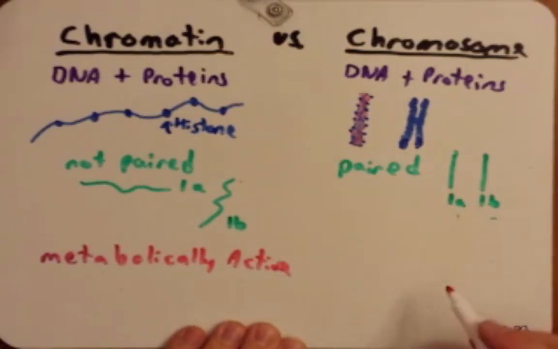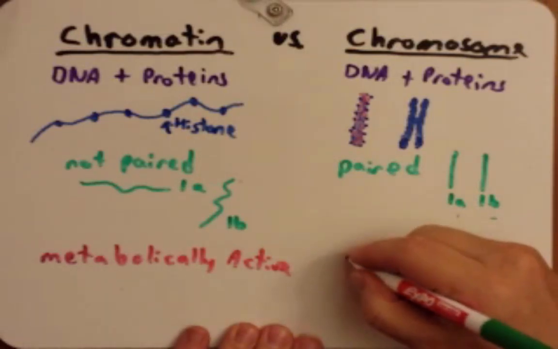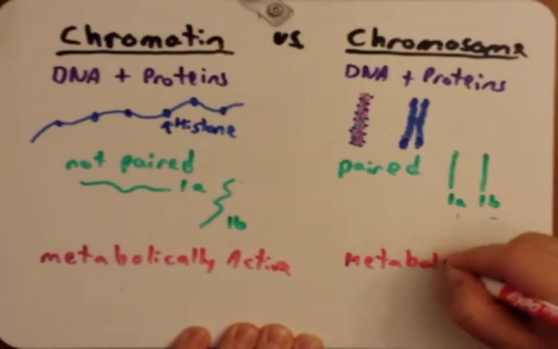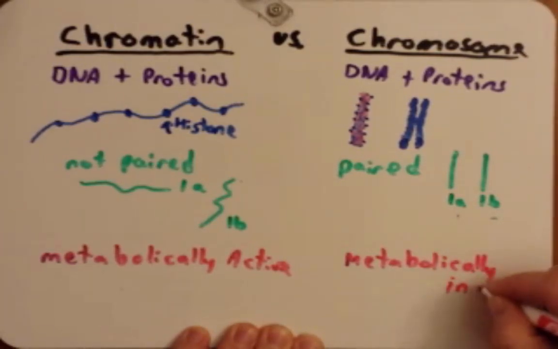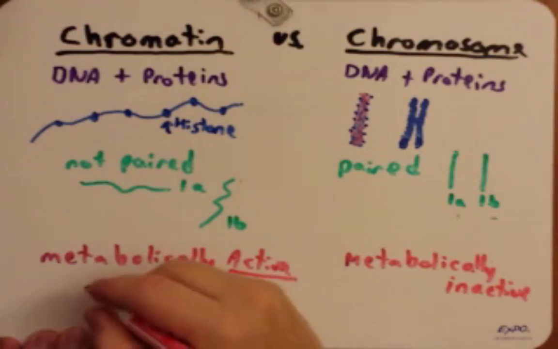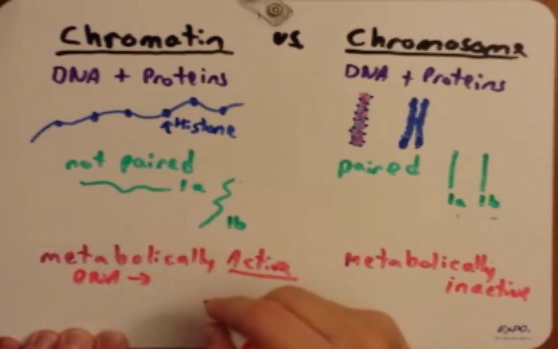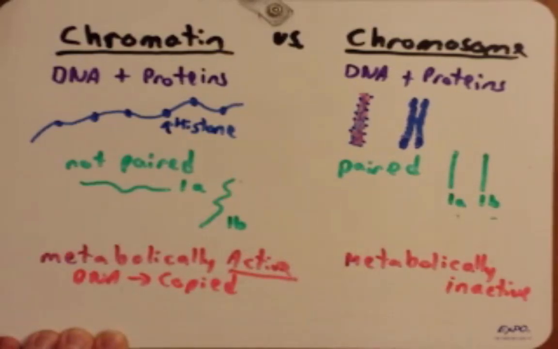Whereas chromosomes, largely because of their very compact nature, are metabolically inactive. And what we mean by metabolically active is that the DNA can be copied through replication.